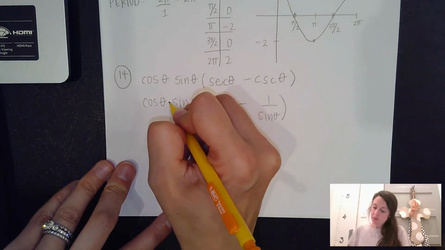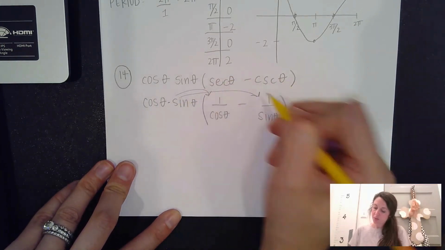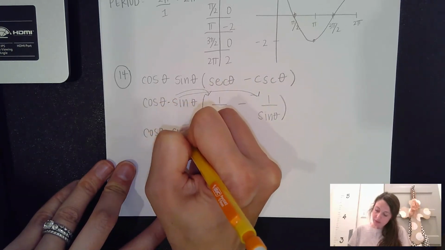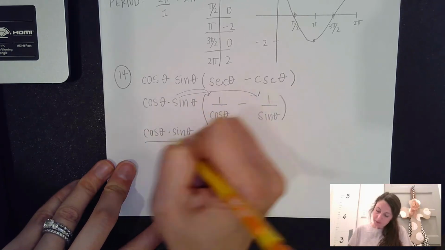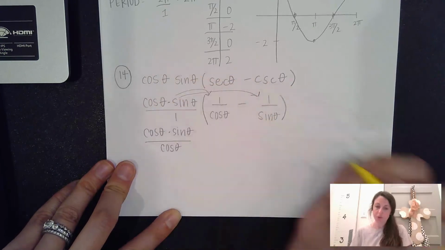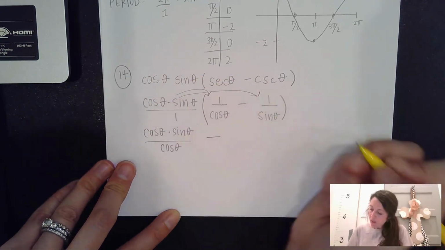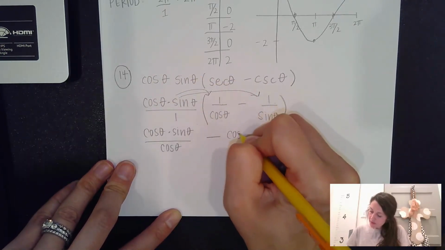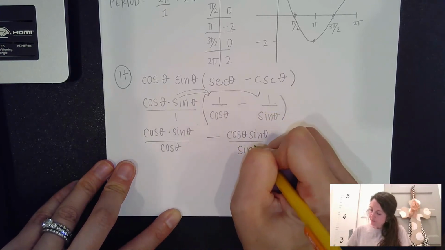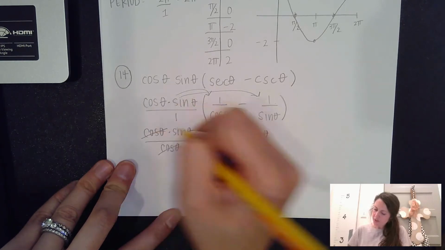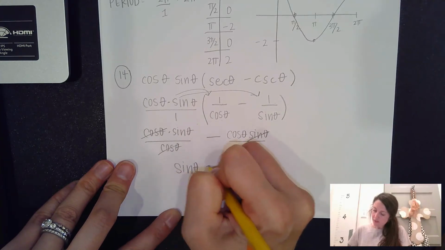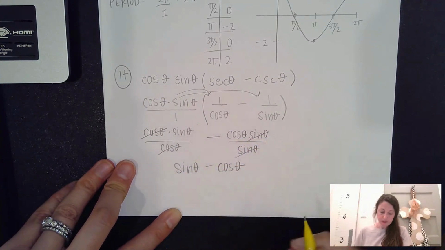And when I distribute this, because this is all multiplication here, I can distribute to each one of these. So this will be cosine of theta times sine of theta over cosine of theta, because when you multiply your numerators and you multiply your denominators, right? And then minus cosine of theta, sine of theta, over sine of theta. So what happens here to your cosines? They go away. What happens to your sines? So you're going to be left with sine of theta minus cosine of theta.